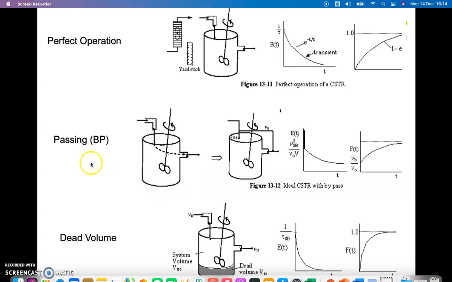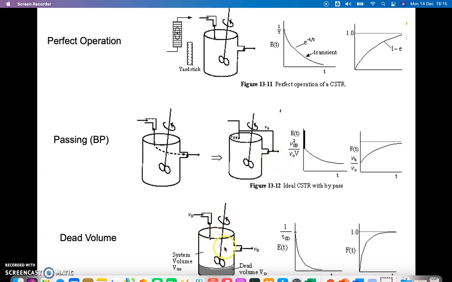Then these are reactors that have bypass, or channeling, or short circuit, which is the same thing. The curve will be slightly lower like this, and then you can determine the flow rate and also the bypass volume. Bypass will affect the flow that enters and leaves the CSTR.